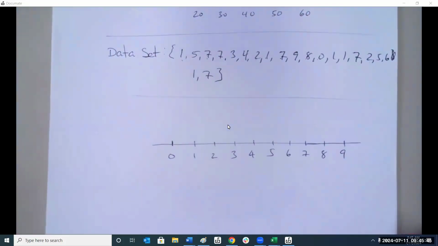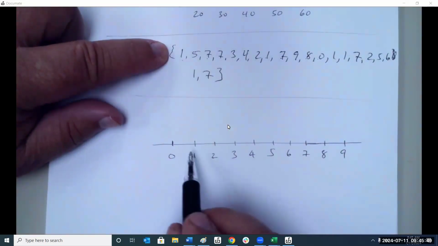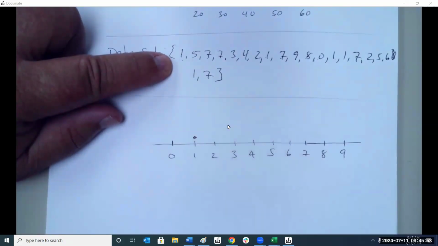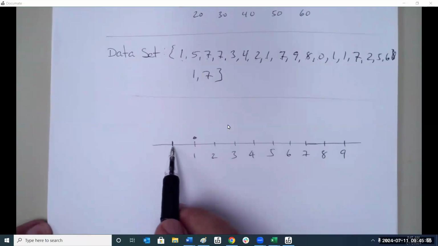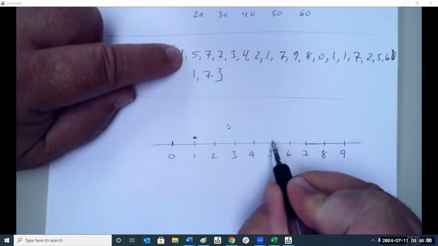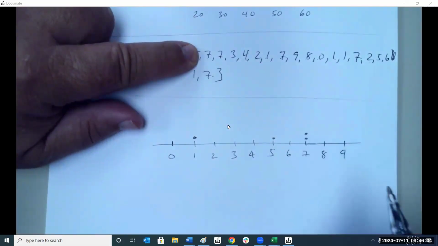Those are all possible outcomes. So above there, we look at our data set. Any number we see, we just put a dot above that corresponding number. So at 1, because if there's no dots, what's the value of it? 0. So we have 1 dot there. Then we go to 5, put a dot above there. We have 2 for 7, and they just stack on top of each other.